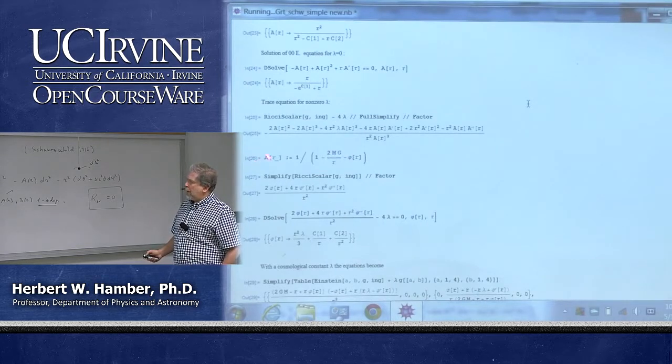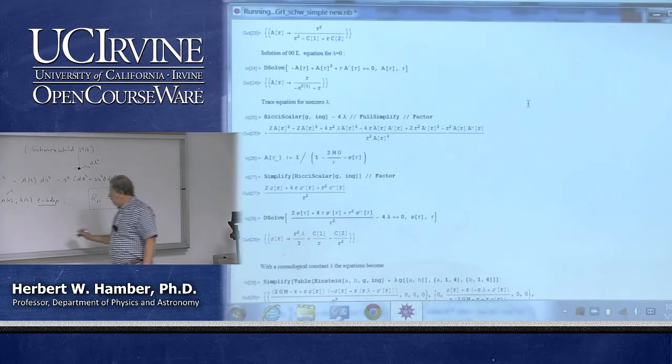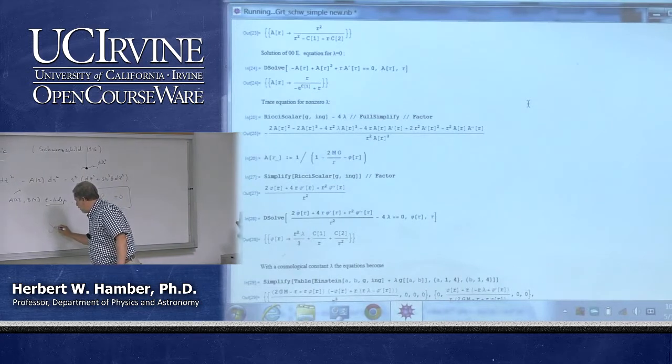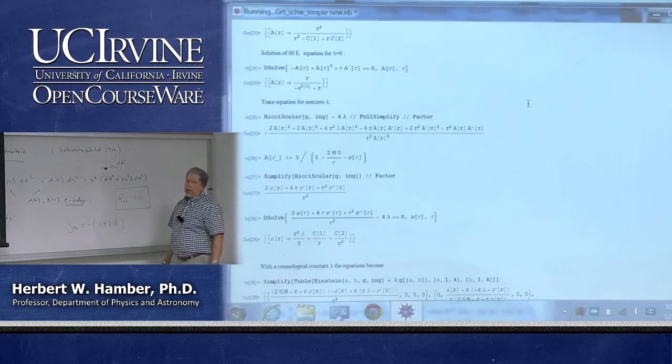So we're going to write it as 1 minus a part, which is 1 minus 2 m G over r. Now you do remember that we know that g_00 is equal to minus 1 plus 2 phi in the weak field limit, where phi is the Newtonian potential.